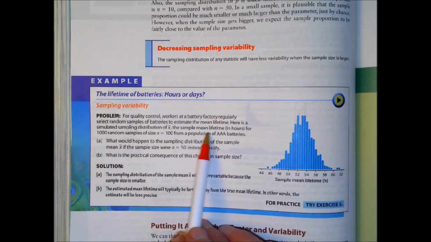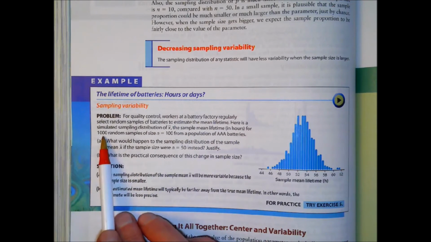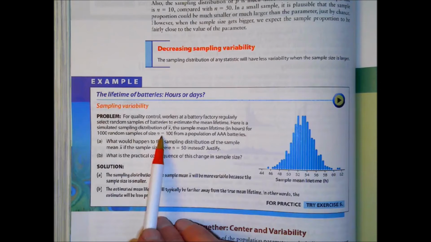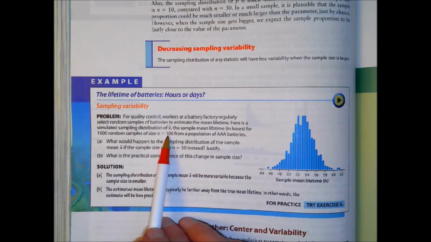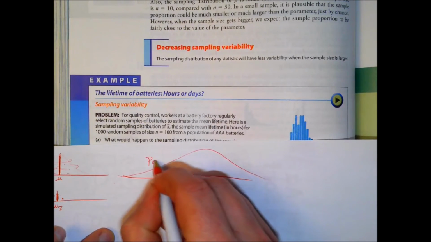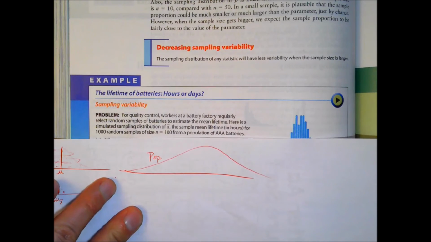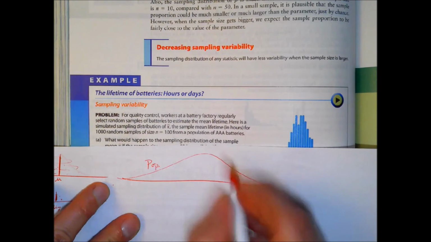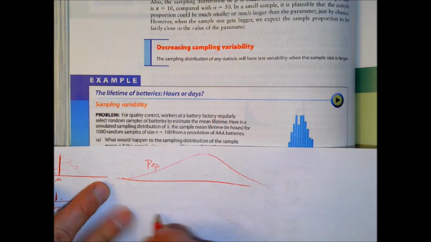They make all these different batteries, so our population has a wide range of batteries. We take a sample of 100 batteries and find their mean. We take another sample of 100 batteries, find its mean, and another. We do that 1,000 times, and we get a certain distribution here.